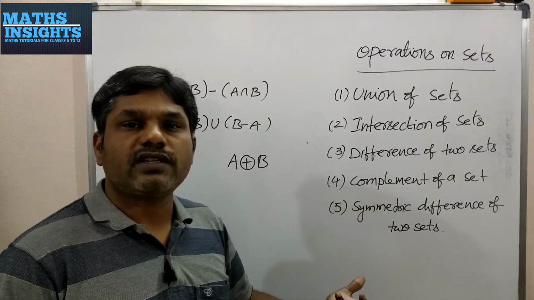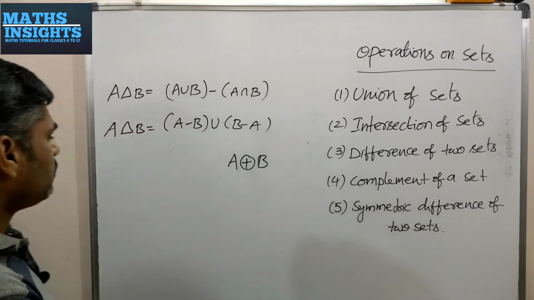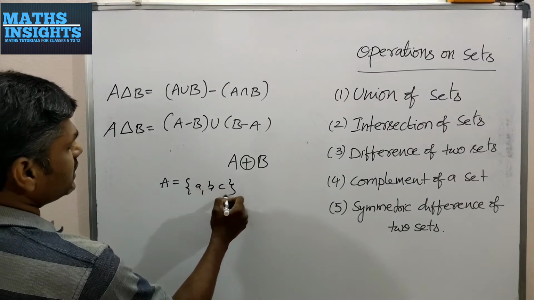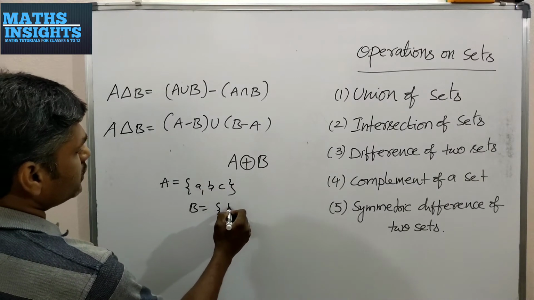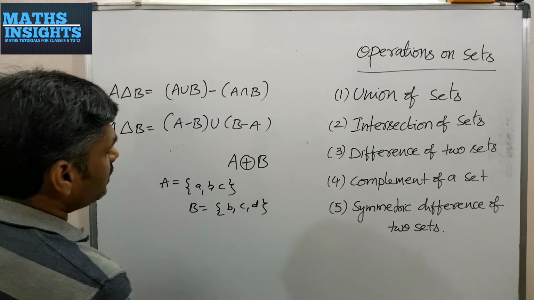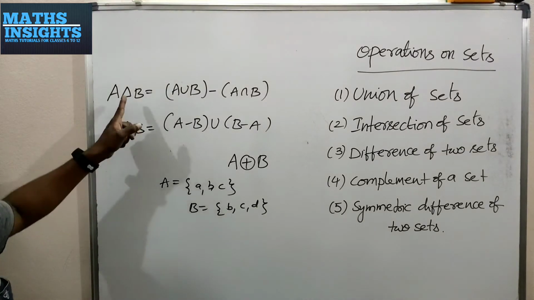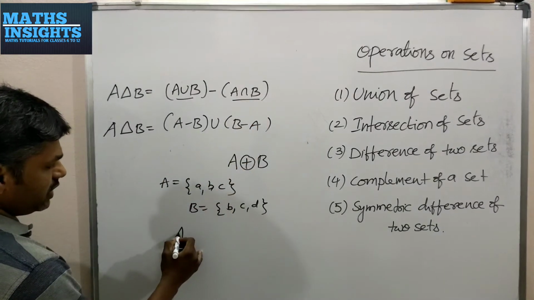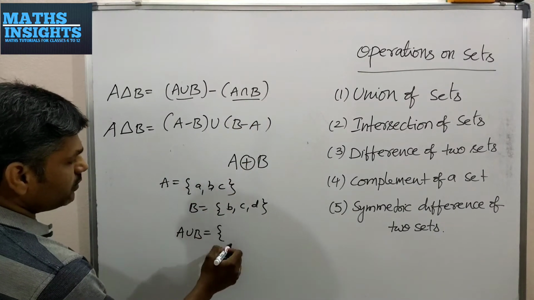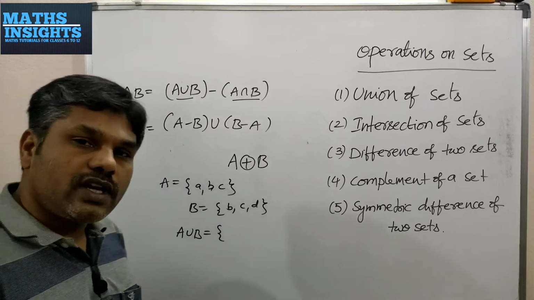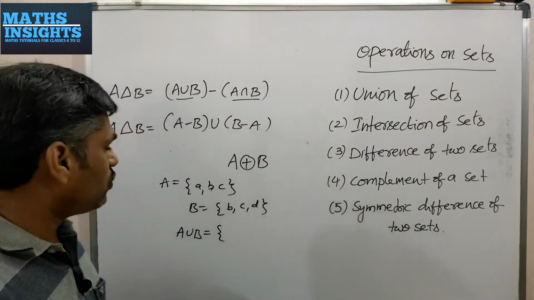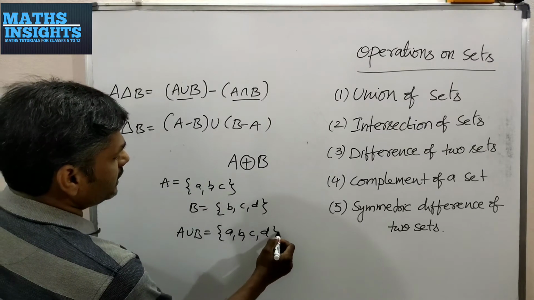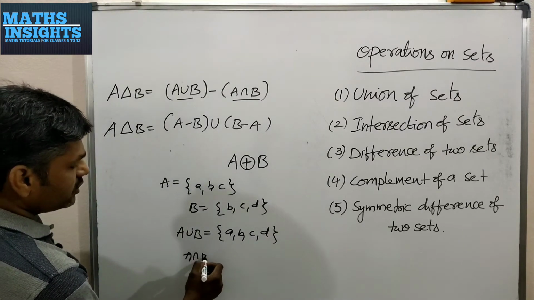I will explain it by taking one example. Suppose A is equals to {a, b, c} and B is equals to {b, c, d}. First, if you want to find the symmetric difference, you have to calculate A union B and A intersection B. A union B is the elements in A or B or both, that means {a, b, c, d}.